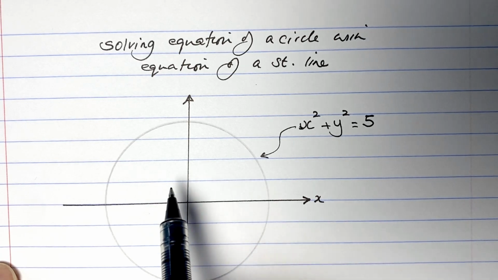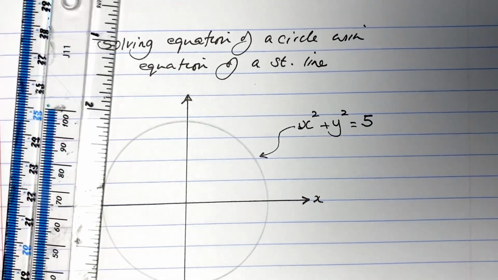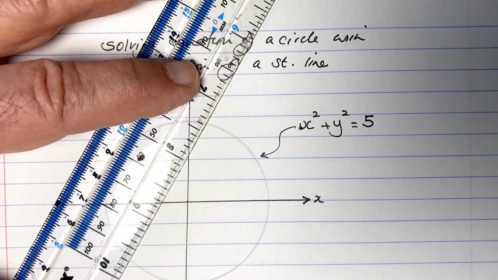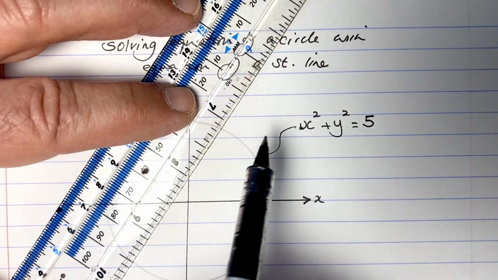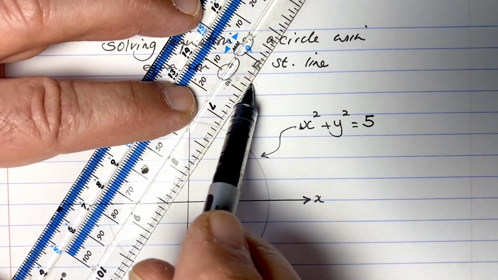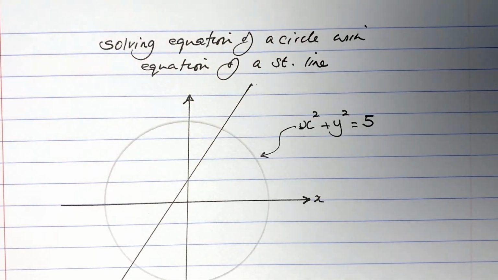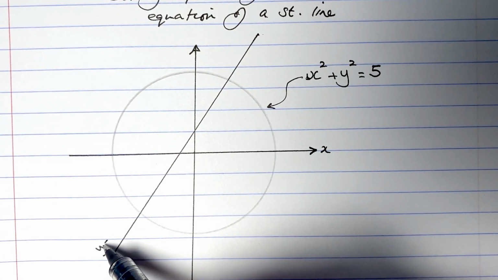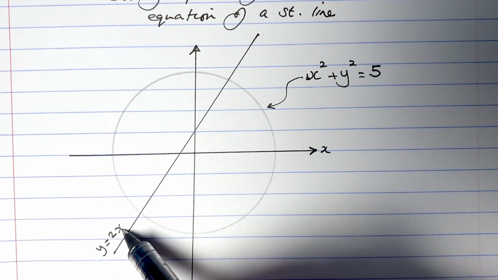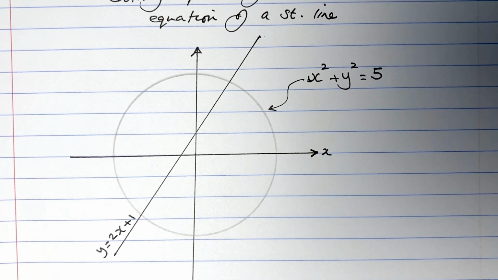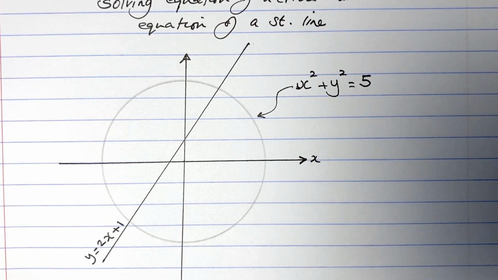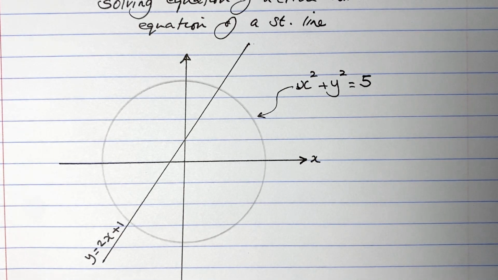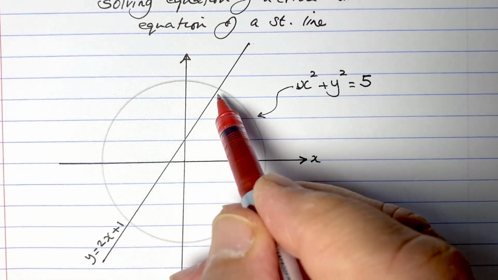And I have a line with the equation y equals 2x plus 1. I want to know where this line and this circle meet.